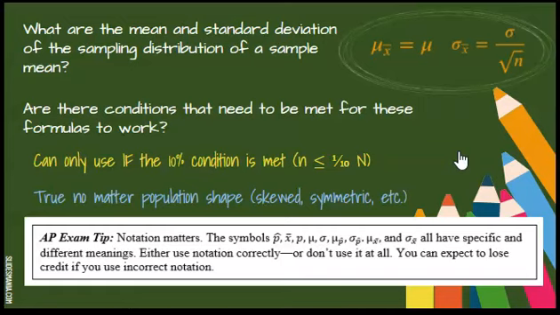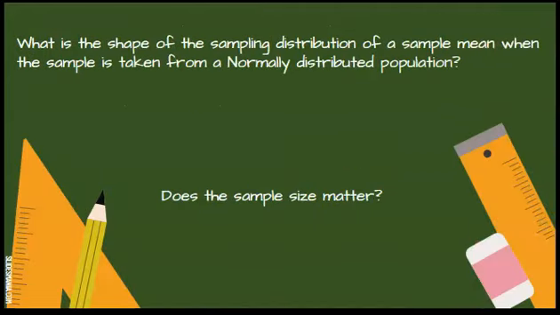Even if your numbers are right but you use wrong notation, you can lose points. So know your symbols and use them correctly if you're going to use symbols. Be very, very careful. How do I remember this? Well, all the sample stuff have hats on it. The population stuff are Greek letters without hats. But learn your symbols and you can do this.